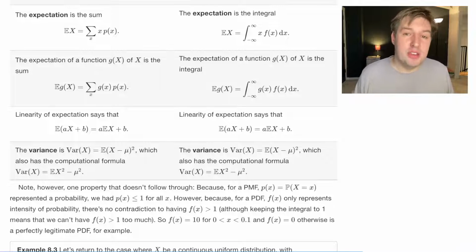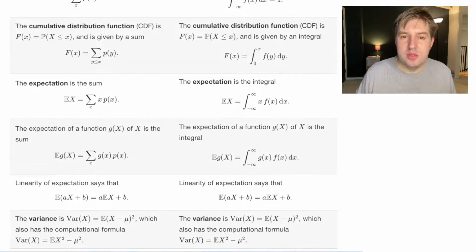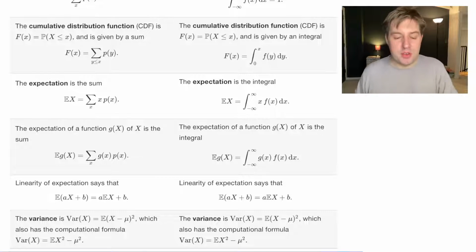And then the last two things follow through exactly, which is linearity of expectation works exactly the same way, and the variance has exactly the same definition and the same properties. So those are all properties that we knew for discrete random variables that transfer over for continuous random variables as long as we swap the probability mass function for the probability density function and sums for integrals.